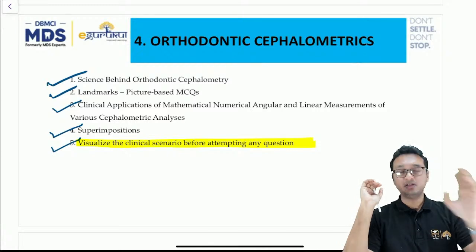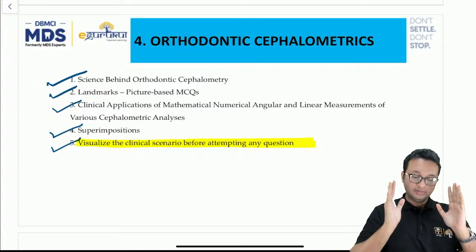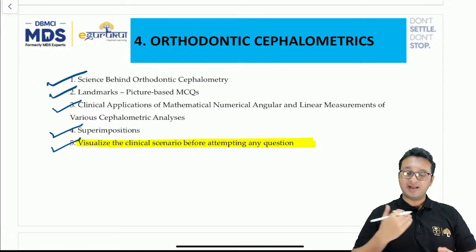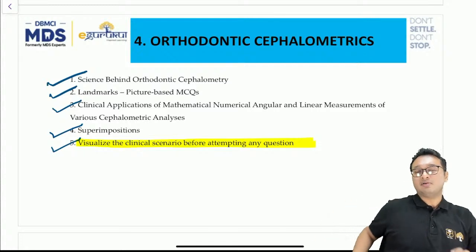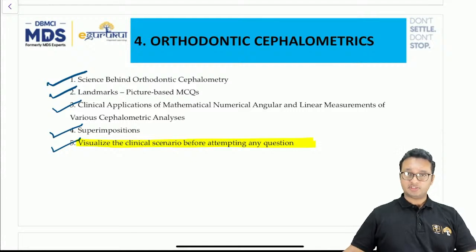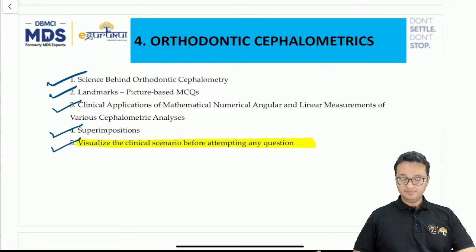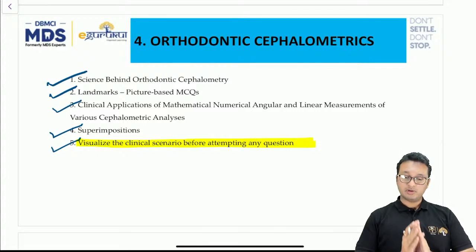It all depends upon how you approach that particular question. My seniors told me how to attempt such questions, and the same advice I am giving to you. If you encounter any clinical based questions specifically regarding orthodontic cephalometry, pause for a moment. You are given rough space in your answer booklet, no?